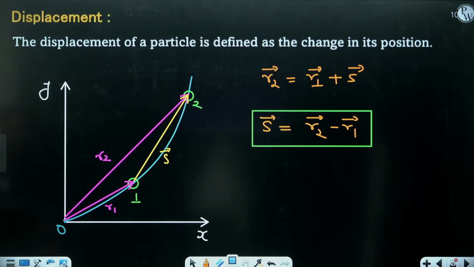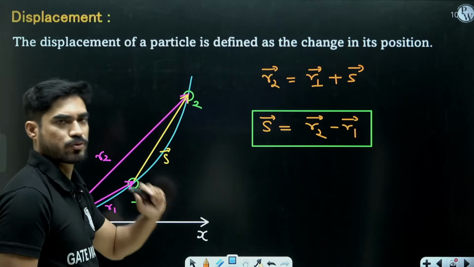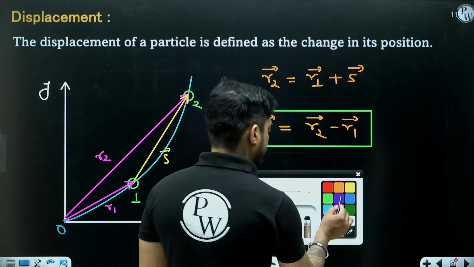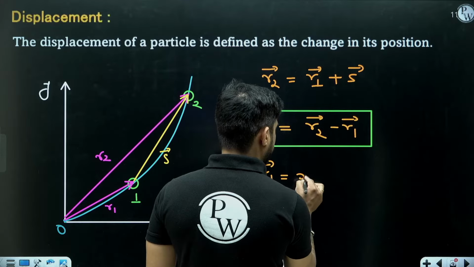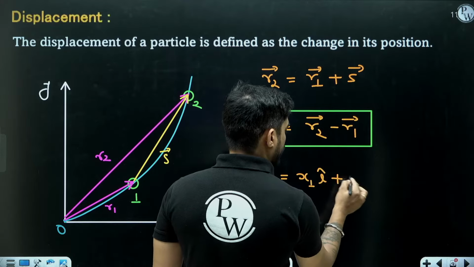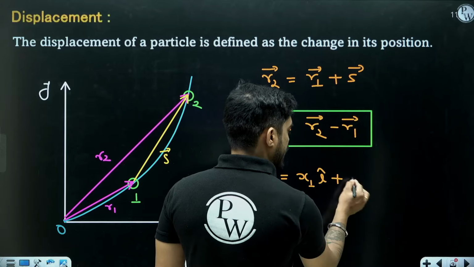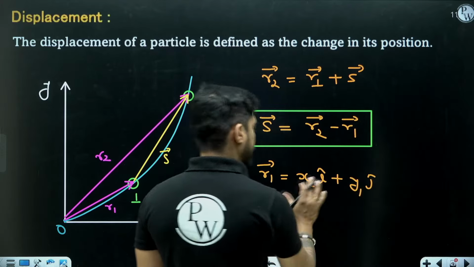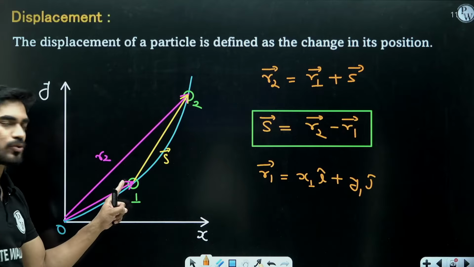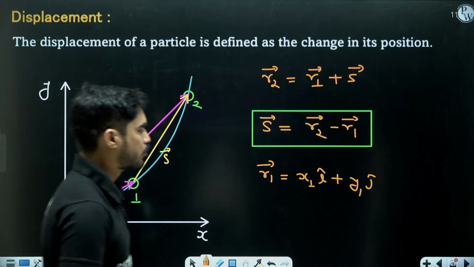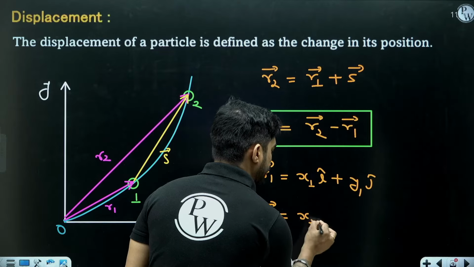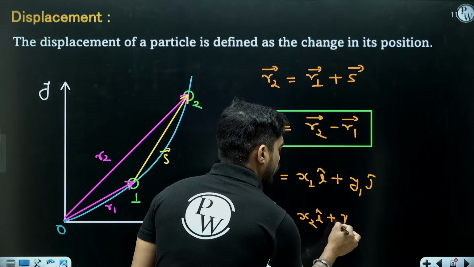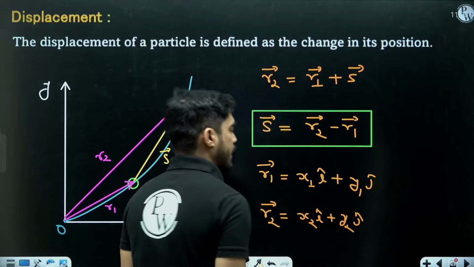So this is the difference of the position vectors of initial and final positions. Now let's say that R1 is x1 i cap plus y1 j cap. Let's say x1 and y1 are the initial position coordinates, and R2 is equal to x2 i cap plus y2 j cap.